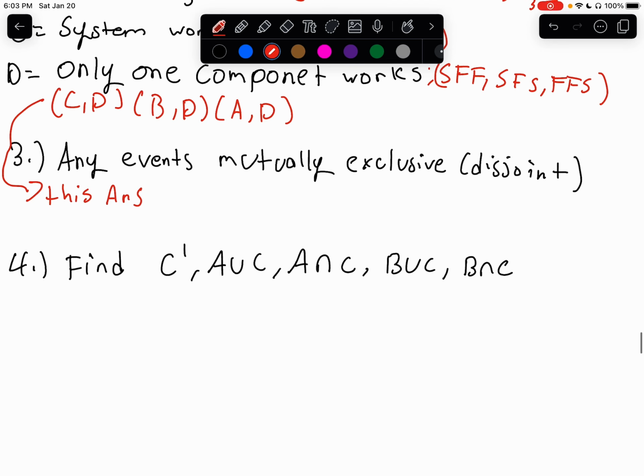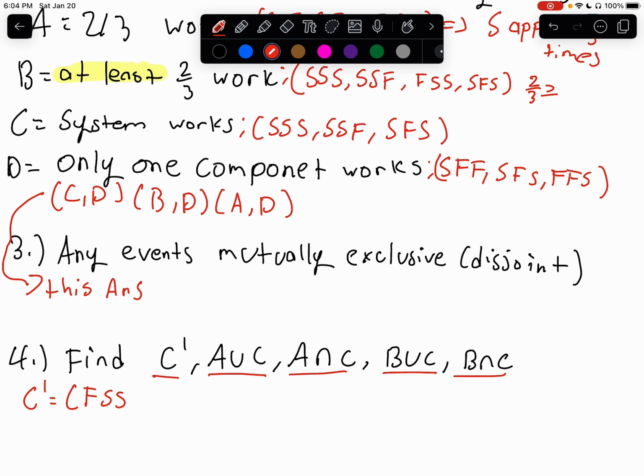We defined C complement, A union C, A intersect C, B union C, B intersect C. So we're going over the first one, C complement, right? C complement, remember, is all the sample space excluding C. So we can write down fail, succeed, succeed, because we're going to go into C. As we move on, succeed, fail, fail, right?